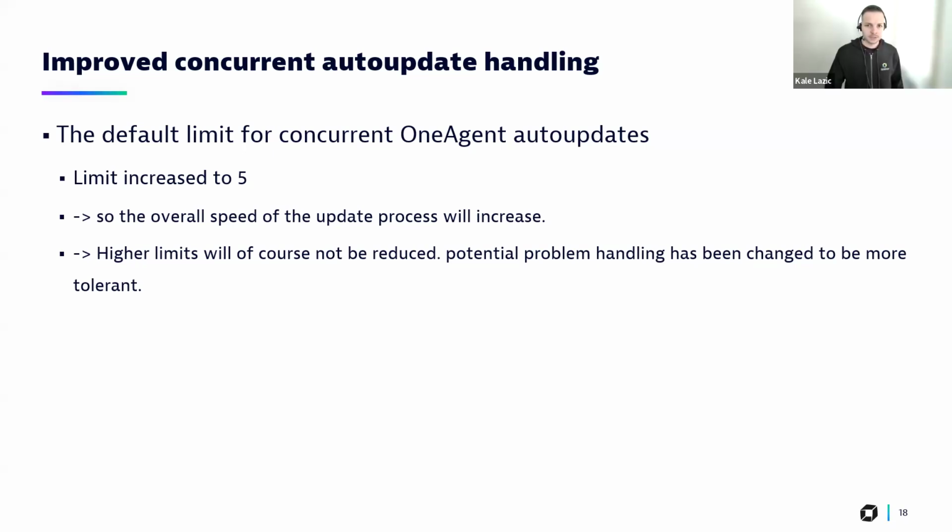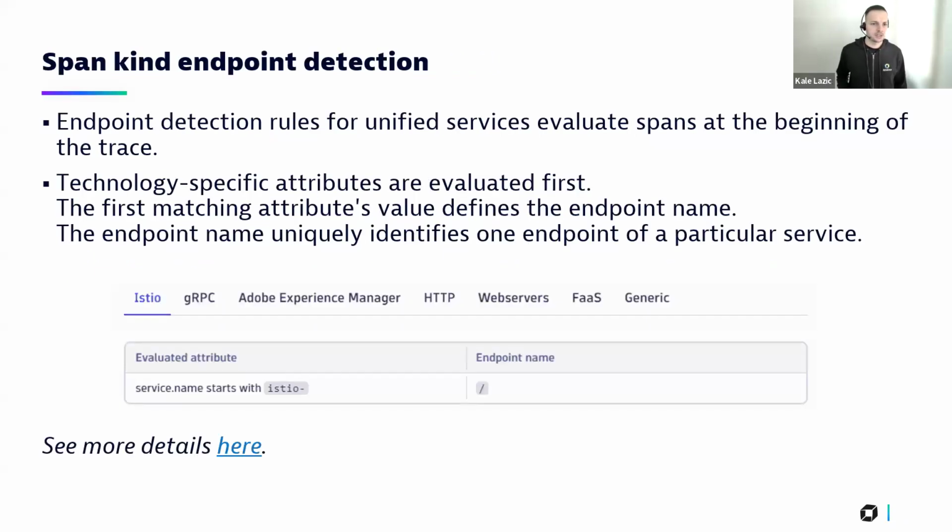Mm-hmm. Then we have one more section, the application observability. In this section, we have the topic span kind endpoint detection. And it's again the topic unified services, where you have individual endpoints baselined as well. If you activate that, you collect endpoint metrics. Those are basically some paths that you have for your service, like /add-some-data, /send-some-data and so on.